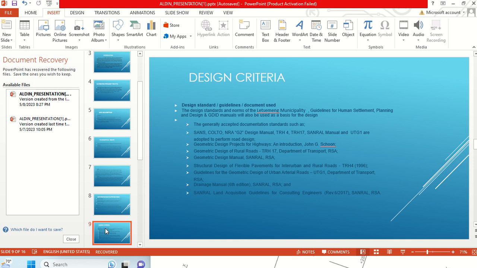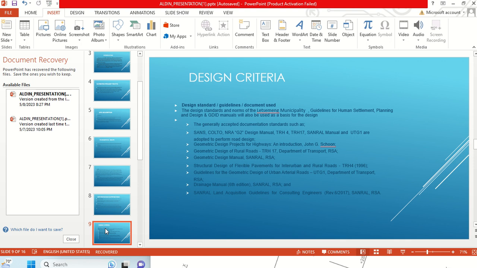Those guidelines include TRH 4, TRH 17, the SAPEM manual, and, very important, the design standards and norms of the Letsemeng municipality. I've also listed the following guidelines on my project: the structural design of flexible pavements and guidelines for geometric design of urban roads.